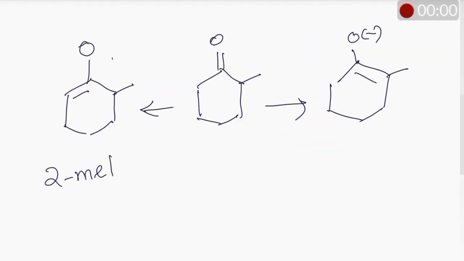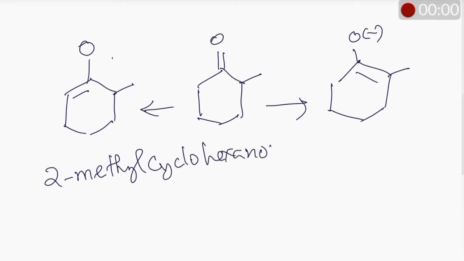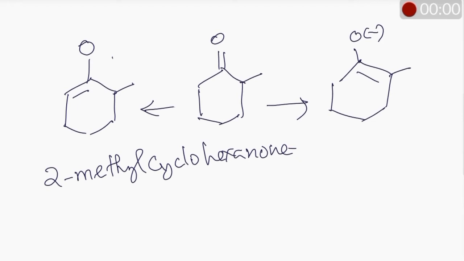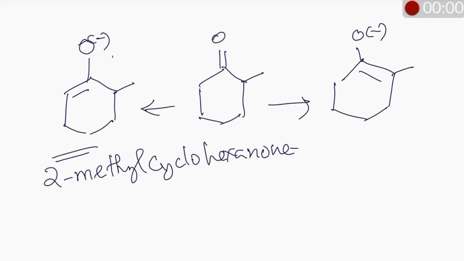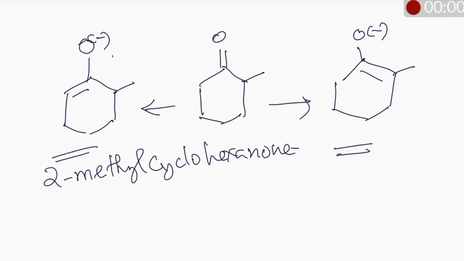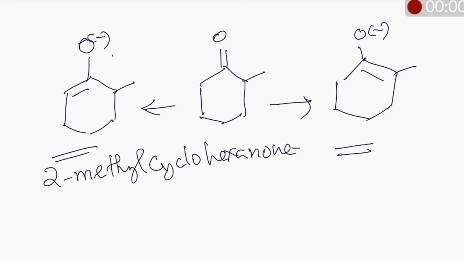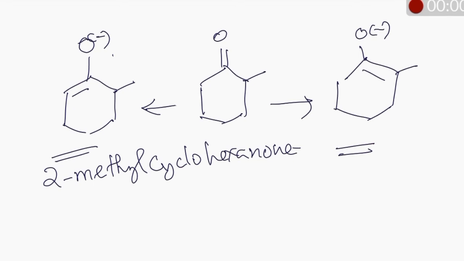Take an example of 2-methylcyclohexanone, where the difference in acidity of the protons on either side is not pronounced. There are two enolates which are possible as shown. Now, enols and enolates are alkenes, and hence the more substituted it is, the more stable it will be.